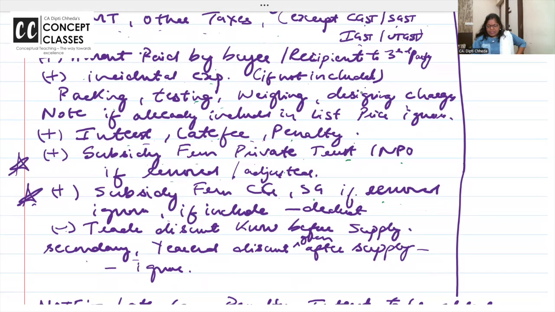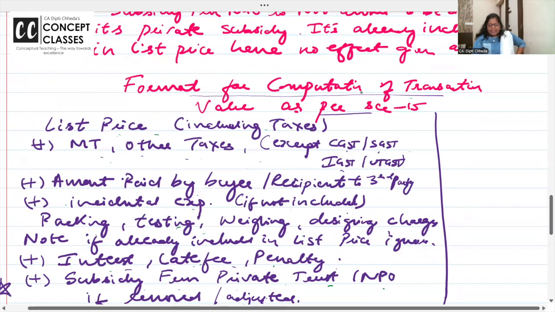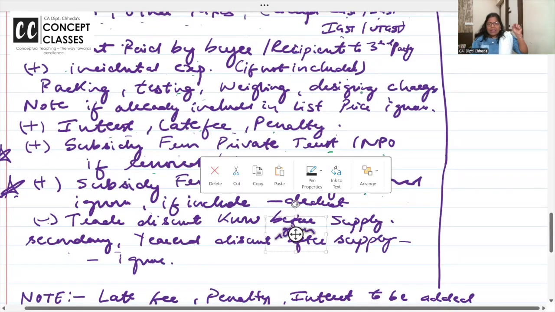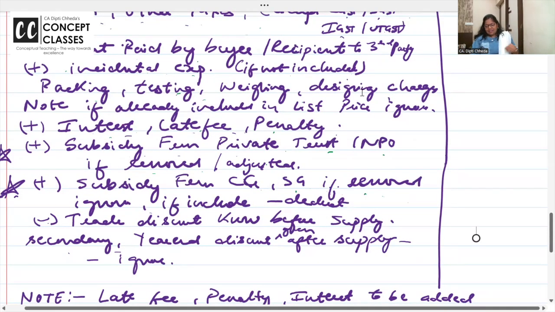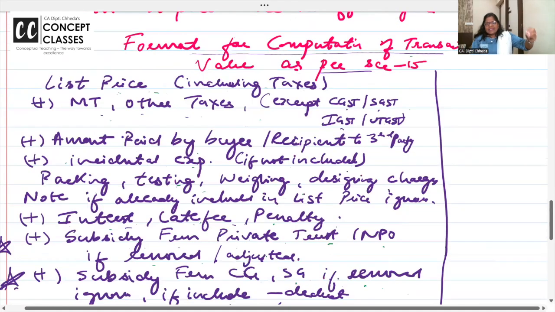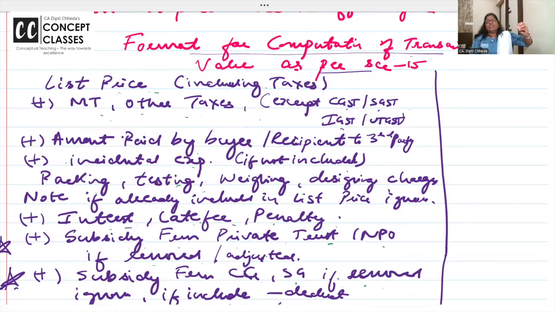Subsidy from central government, if removed, okay. Now subsidy from central government, state government, if removed, then ignore. Central government, state government subsidy is already removed from this. It's not included. So ignore. But if included, deduct. Please take your time to understand. We are going to practice. In list price, if it is 50,000 and it includes 3,000 government subsidy, nikal do.